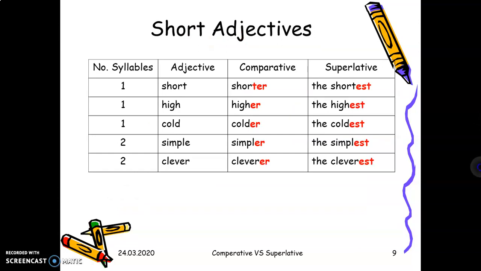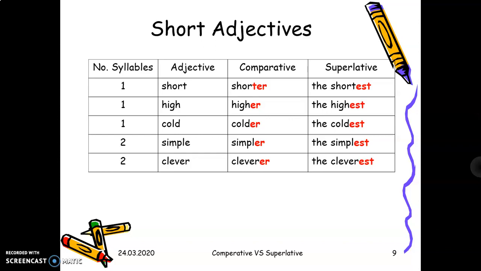But in the superlative, with a short word, we put est. Like the tallest, the happiest, the longest. This is the superlative in the short form.